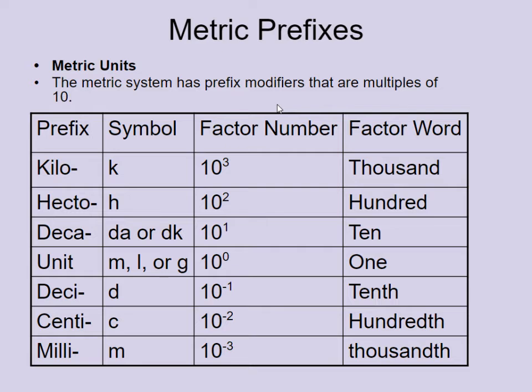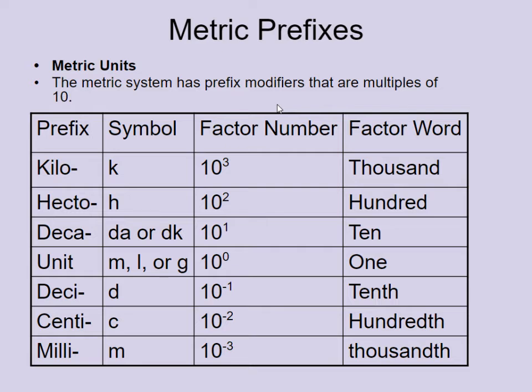That means that we are looking at 1,000, because 10 times 10 is 100, and 10 times 100 is 1,000. Hecto is 100 because 10 times 10 is 100. Deca is just 10, and 10 to the 0 is just 1. Anything to the 0 power is just going to be 1. So our base units are going to be this 1, whether that be meters, liters, or grams.